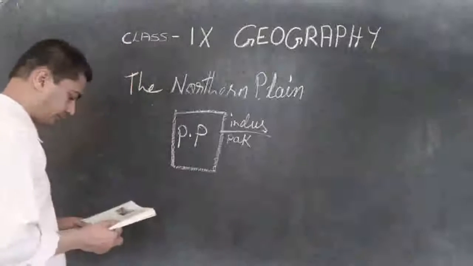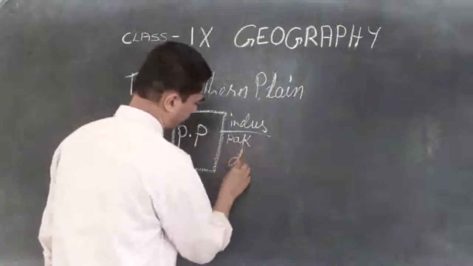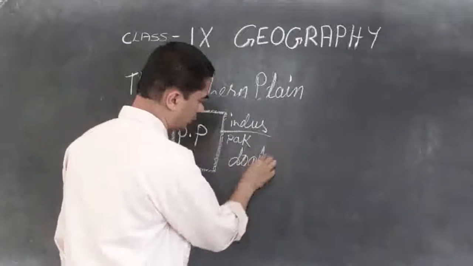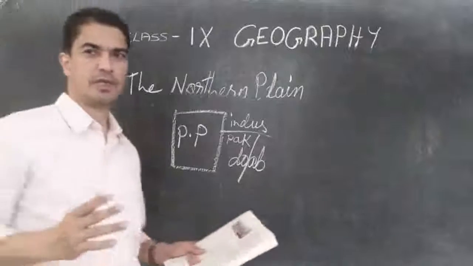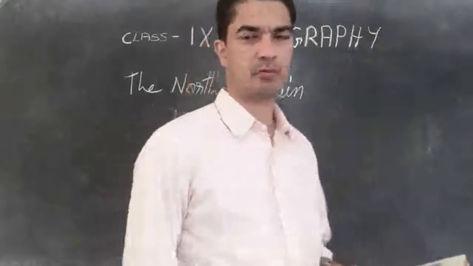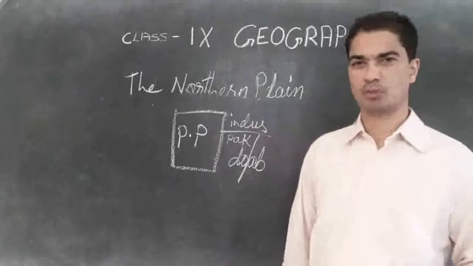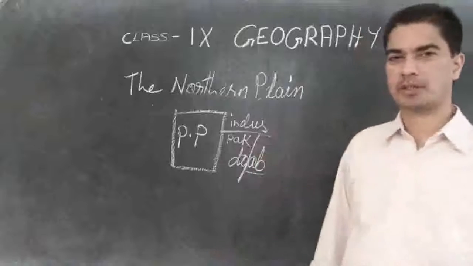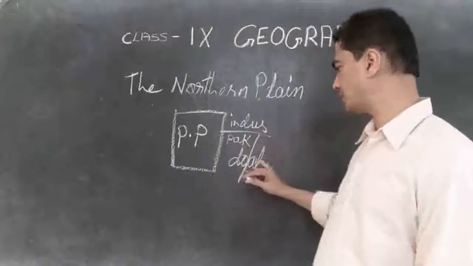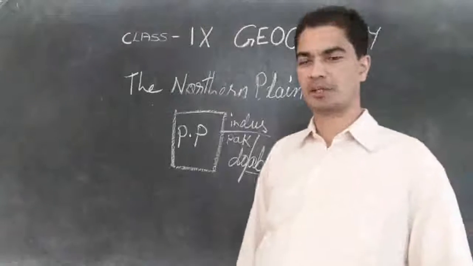What is doab? D-O-A-B. Doab is a combination of two words. Do means two, you know, in Hindi it is the same. Ab means water. So doab means two waters. That's the meaning. Doab, two waters.